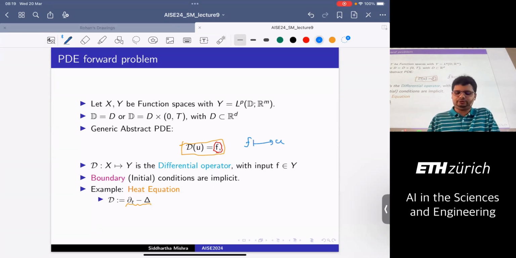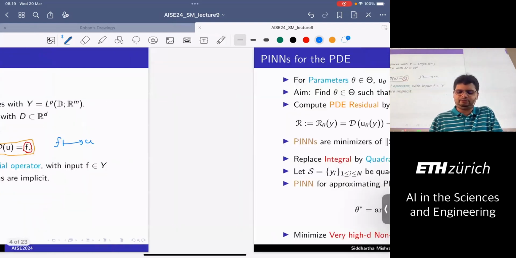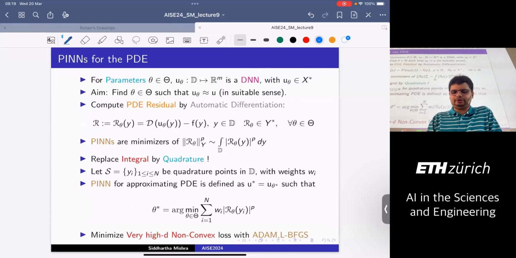To do this, we are going to use PINNs, or physics-informed losses, physics-informed neural networks. Just quickly, we have a neural network, U theta. And instead of directly having labels to supervise the data on, what we do is compute the PDE residual, because that's the only information that we have.